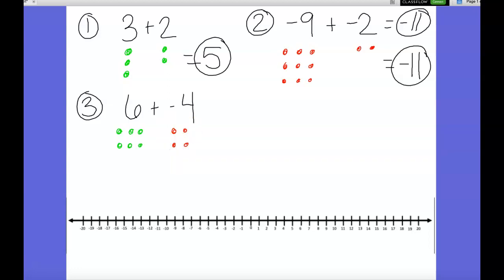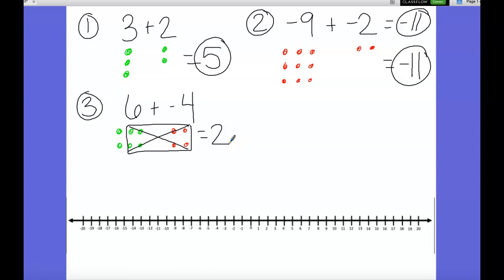And yesterday in our inquiry lab, we talked about 0 pairs. So 0 pairs is when I have 1 positive and 1 negative. Here, you can see that you have 4 0 pairs. And so I can get rid of them. Therefore, I am left with 2 positives, and 6 plus -4 is 2.